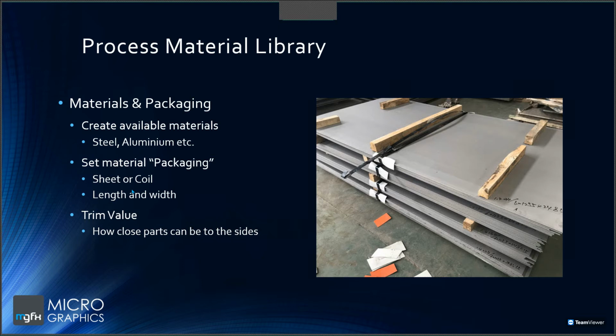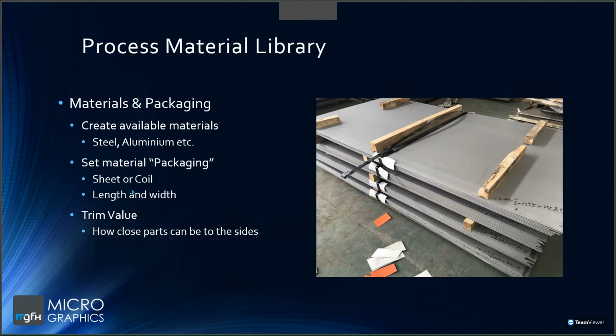At this point, you can also put in extra properties such as trim value. That's essentially how close the part can be to the side of the stock. So depending on the accuracy of your process, if you're throwing that down on the laser cutter and your operator is not spending too much time setting it square, you might add a bigger trim value there.